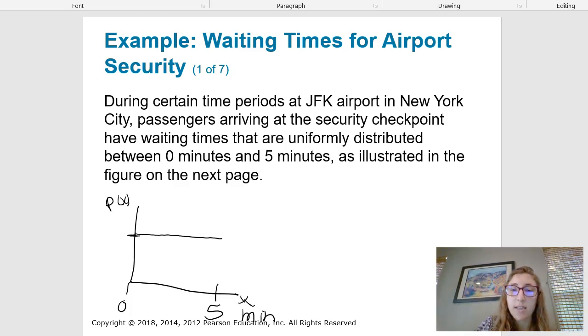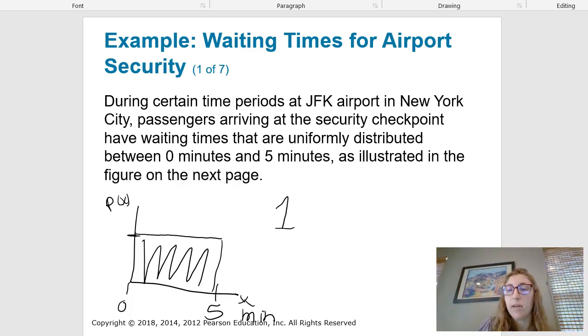So we said that this entire area has to equal what? It has to equal 1. And how do we find the area of a rectangle? We multiply its width by its height. I'll just call this height h. So what is the width?